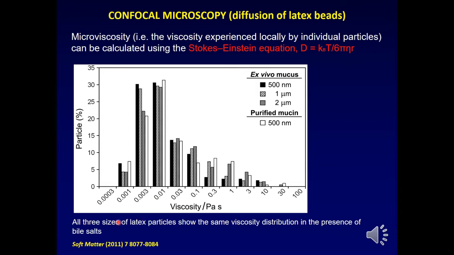The particles were incubated with the biocells in order to prevent mucoadhesion, and then they were exposed to the mucus. Using the diffusion data, it was shown that the small intestinal mucus is very heterogeneous, with the viscosity ranging from the viscosity of water to the viscosity several orders of magnitude larger than the viscosity of water.